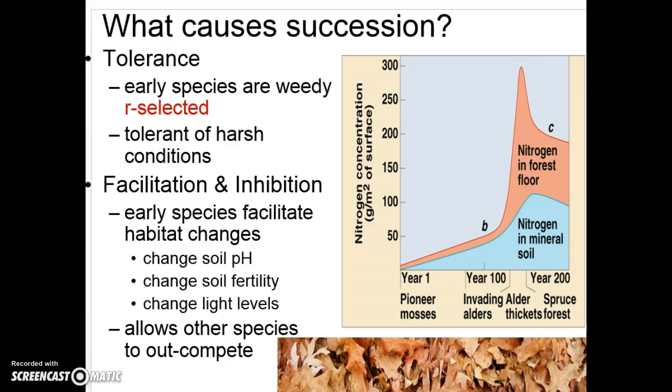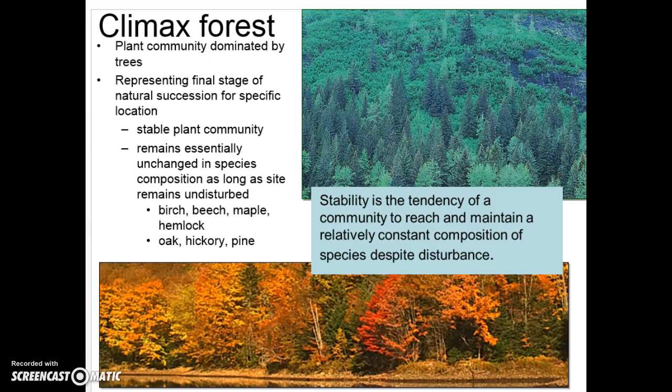Once we get to the end of the succession, we get that climax forest. And what that's going to look like is a plant community dominated by trees. This is the final stage of natural succession for a specific ecosystem.